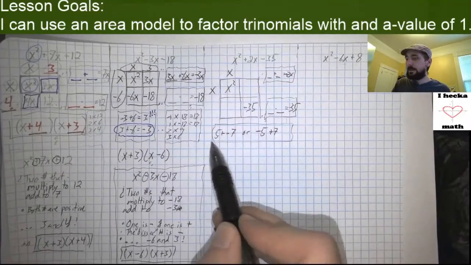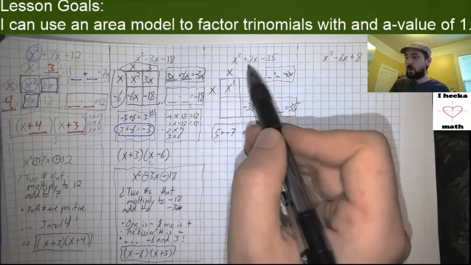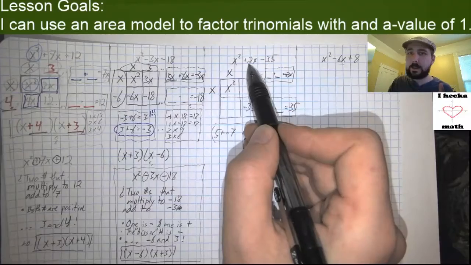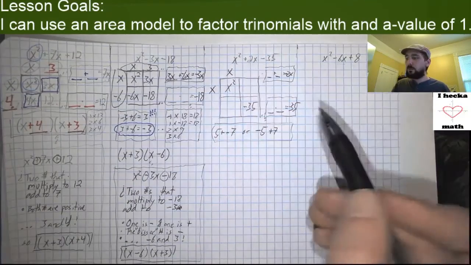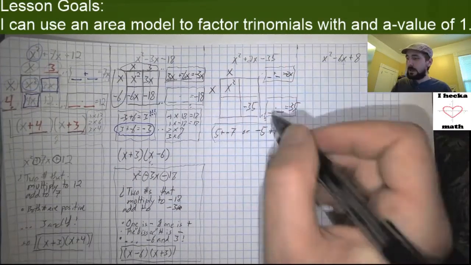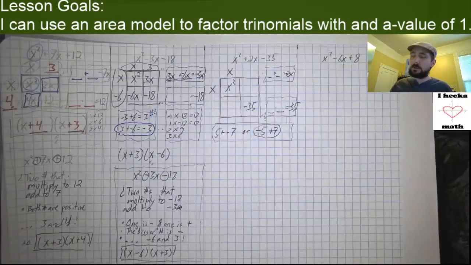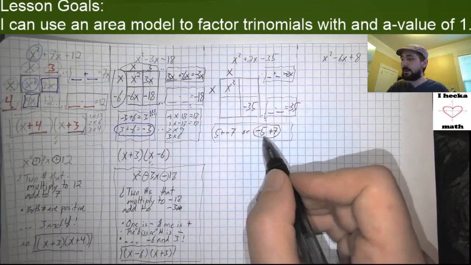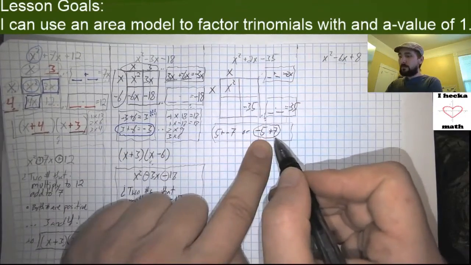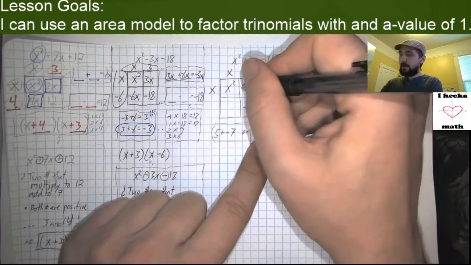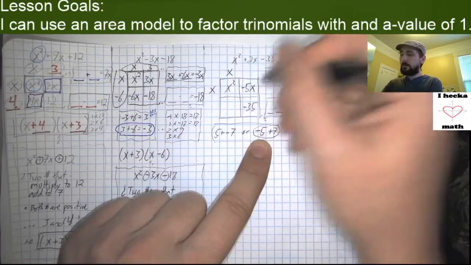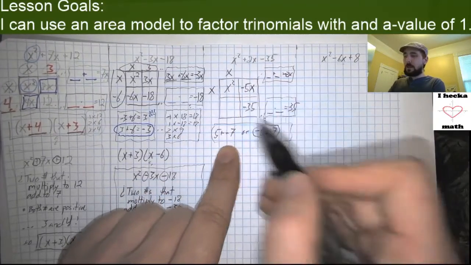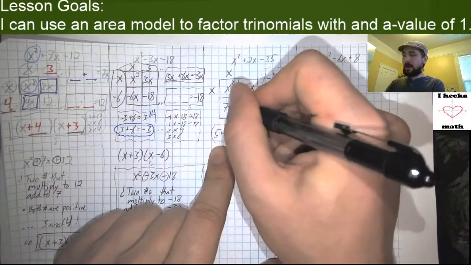Which one of these would get me a total of positive 2? Well, if we want positive 2, then we need to go with this second option. The 7 is positive and the minus 5 is negative. So from this, I know I can fill in not just minus 5, but minus 5x. And not just 7, but 7x.